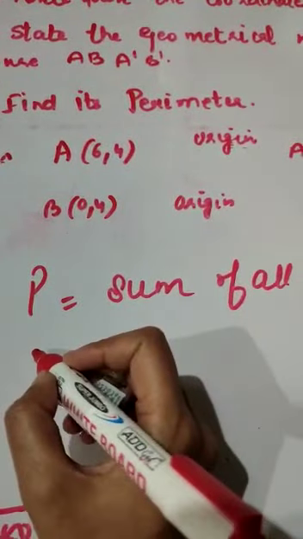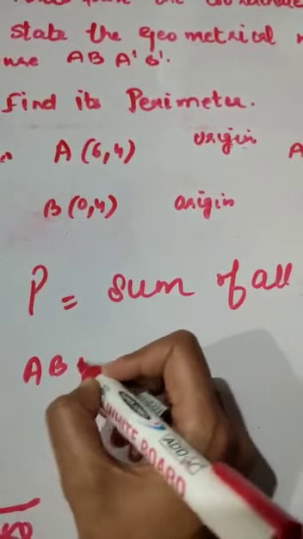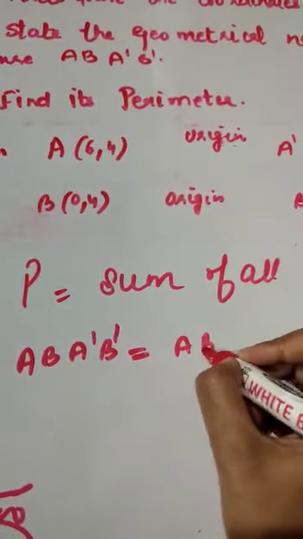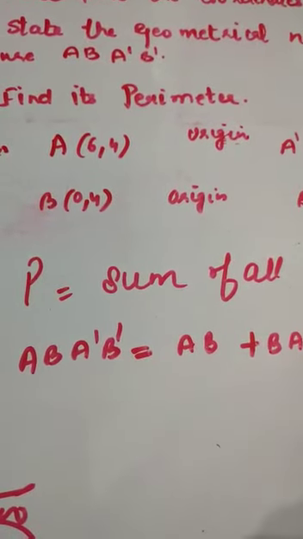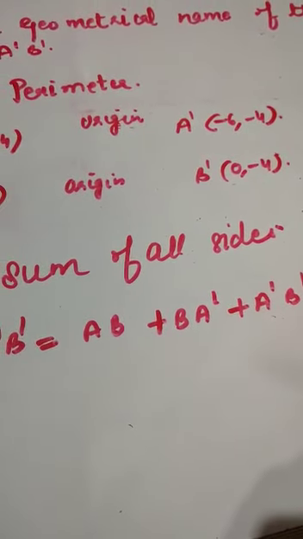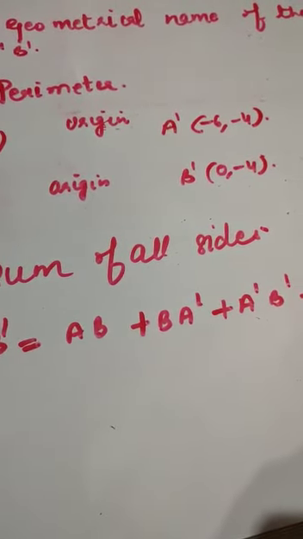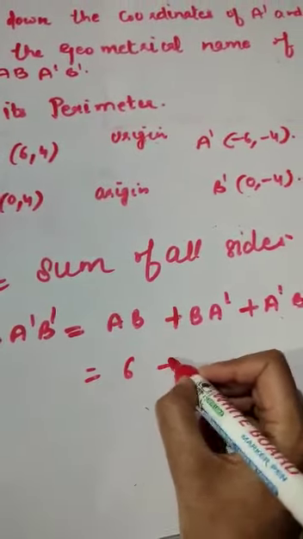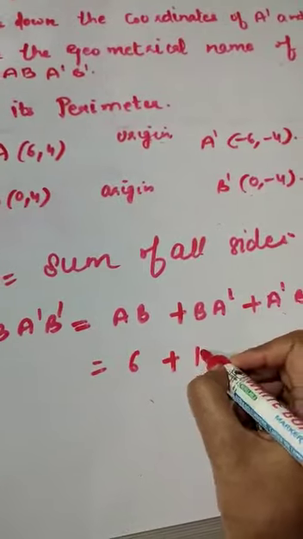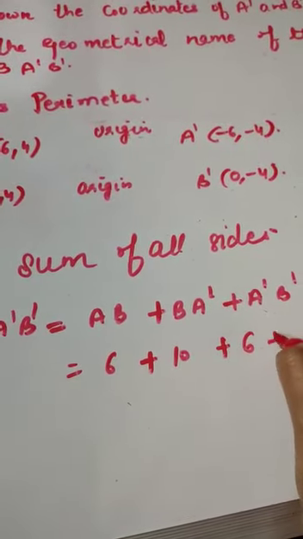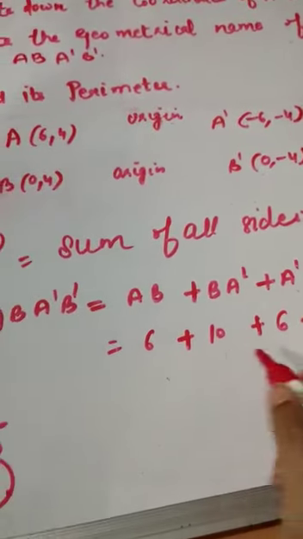So perimeter of the figure is AB plus BA dash plus A dash B dash plus B dash A. So AB is 6 units, BA dash is 10 units, A dash B dash is again 6 and B dash A is 10 units.